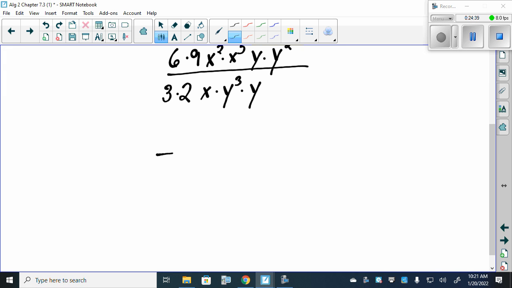Because what we could say is 9 times 6 is 54. X squared times x to the 5th is x to the 7th. Y times y squared is y cubed. 3 times 2 is 6, x, y cubed times y is y to the fourth.